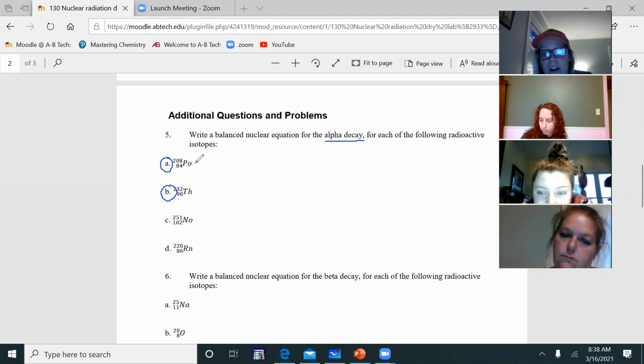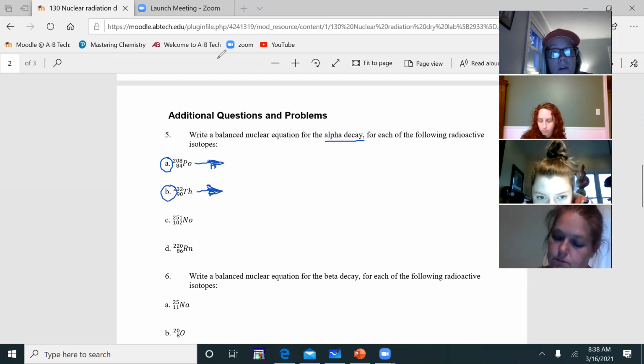It only gives you the starting material. I'll give you a little hint. Here's an arrow. You need to move to the other side. If it's alpha decay, you know what one of the particles is for sure. I'll give you 3 or 4 minutes to work on that. It's not that hard. If you plow through those, you're more than welcome to get the other 2 done so that you can just fill it in later.